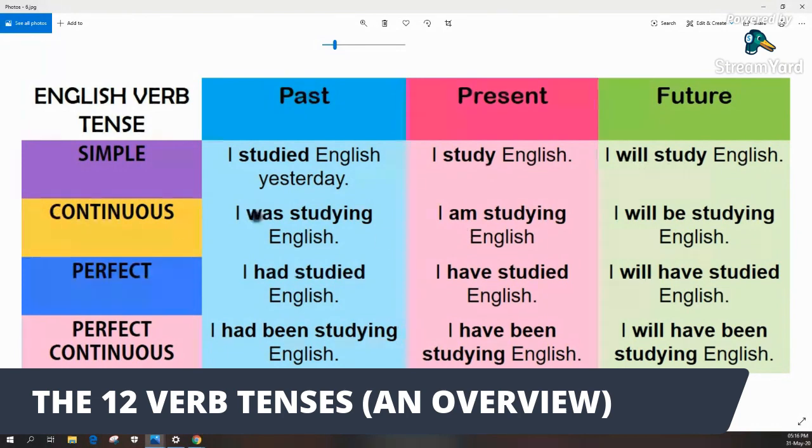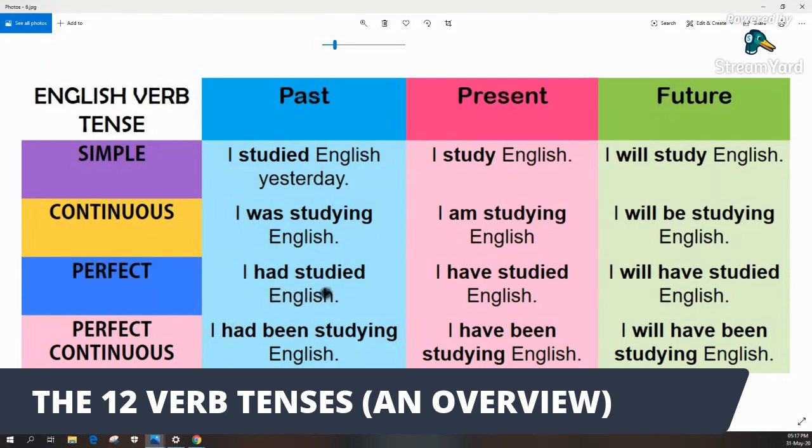And then for the continuous, we add ing, and then we have the be verbs: was, am, will be. So I studied, I was studying. I study, I am studying. I will study, I will be studying. So see the differences on how to form them.